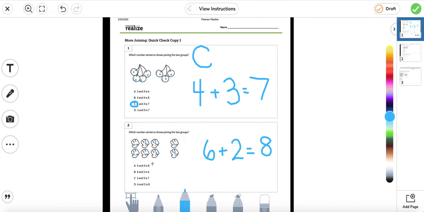So let's see our answers to see which one matches our equation. A, 5 and 3 is 8. No. B, 4 and 2 is 6. No. C, 2 and 5 is 7. The numbers are different. Let's see letter D. 6 and 2 is 8. Yes, we found our answer. Our answer is letter D.